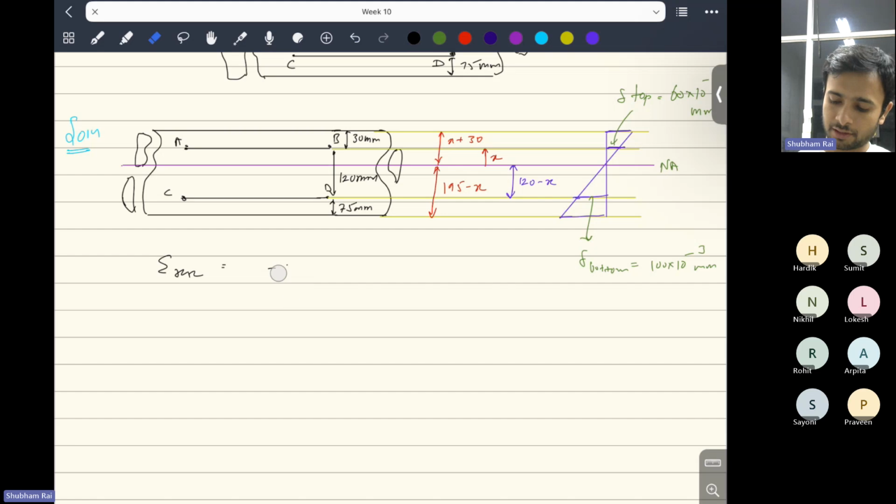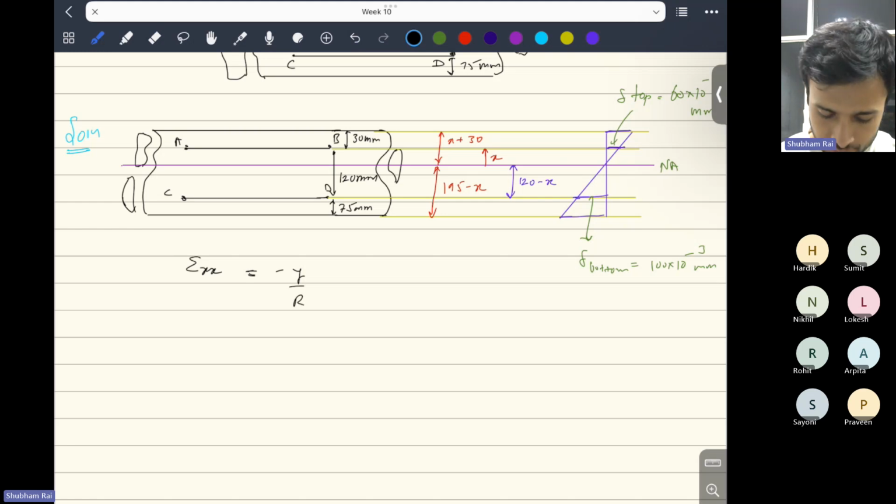We derived this formula in the class. So epsilon xx is minus y by r, where y is the distance of the point from the neutral axis where you want to find the strain. This radius of curvature obviously is constant here because it's a case of pure bending.